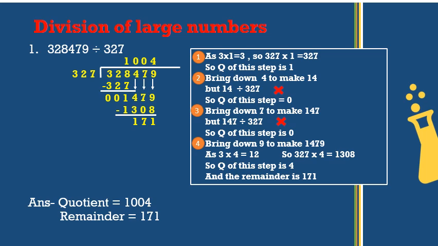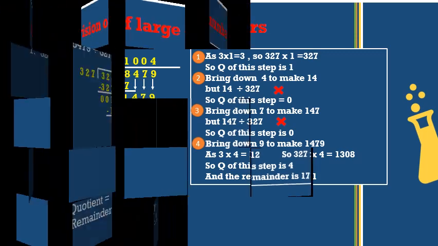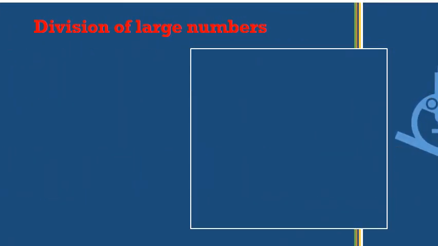So children, now let's come to the next example. Here children, we have to divide 6,23,51,803 by 2105. So children, how we will do the division?